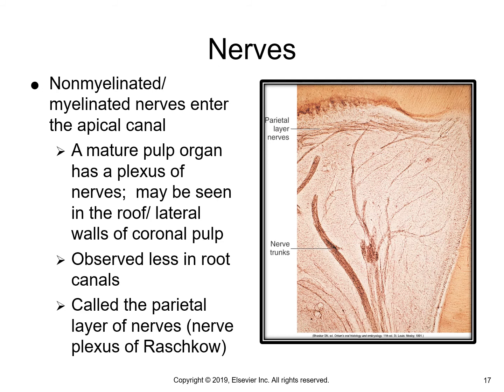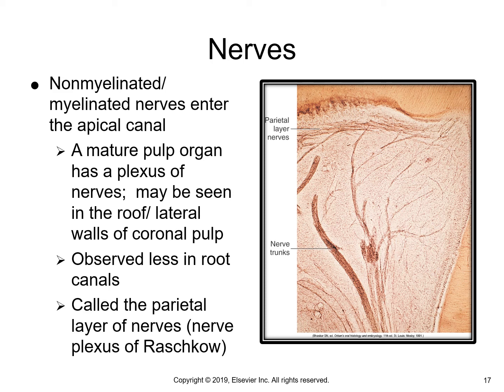Nerves in the pulp are non-myelinated and myelinated, and they enter through that apical canal. A mature pulp organ has a plexus of nerves that may be seen in the roof of the coronal pulp, lateral to the walls of the coronal pulp.